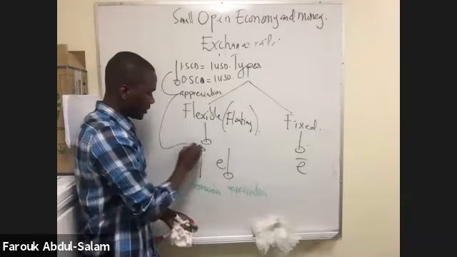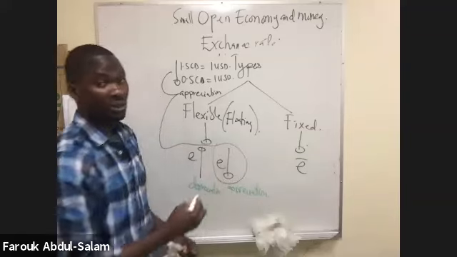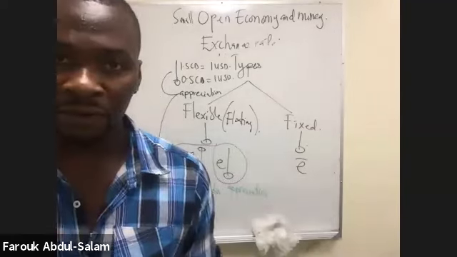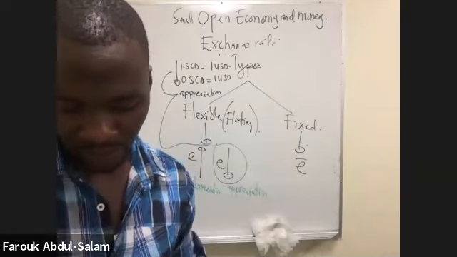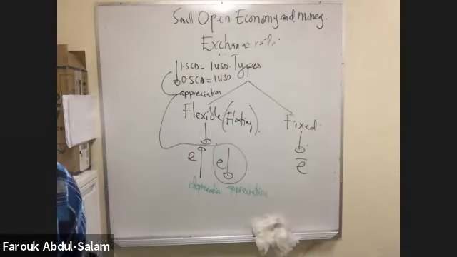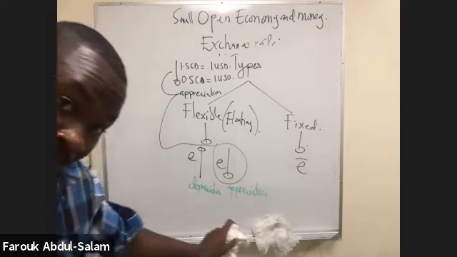And that's what we see here. This is an appreciation. So whenever you need less of your domestic currency to buy a unit of the foreign currency, we call it an appreciation. Is that okay? Yeah, all good?